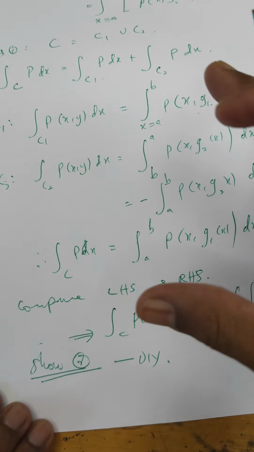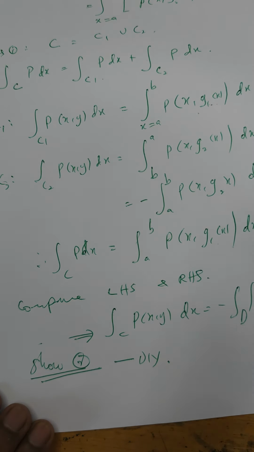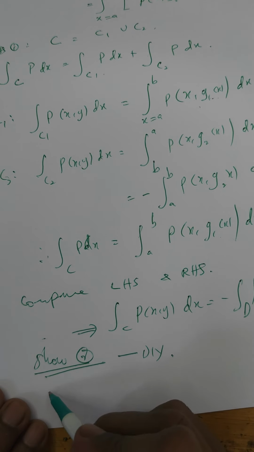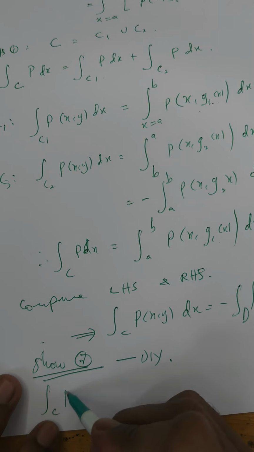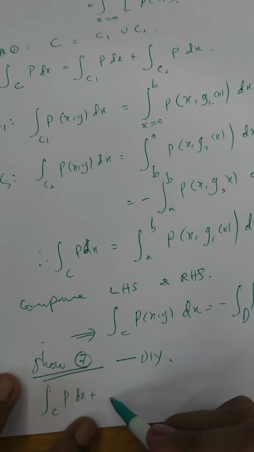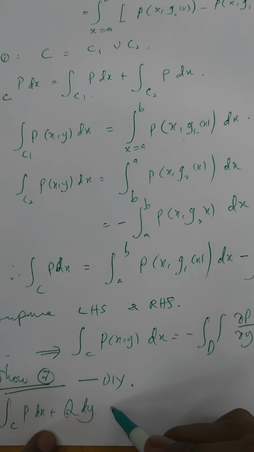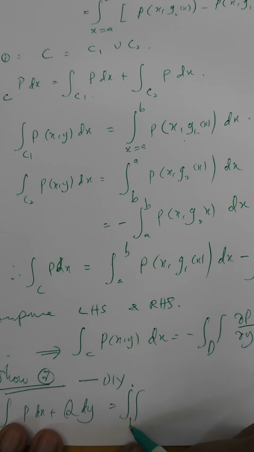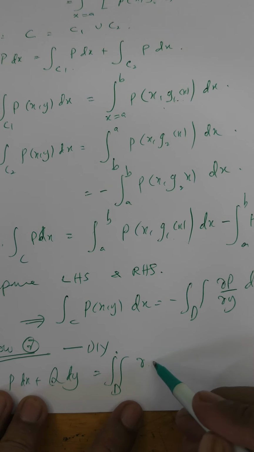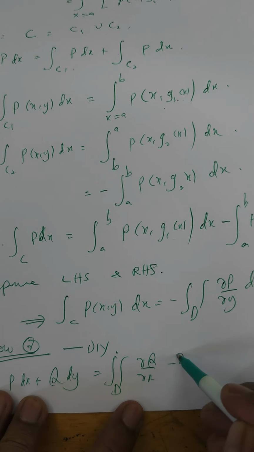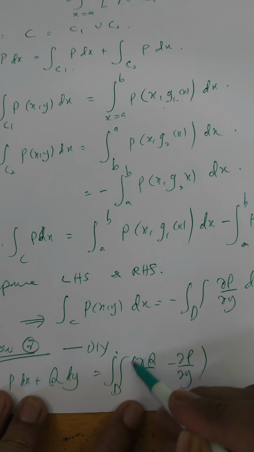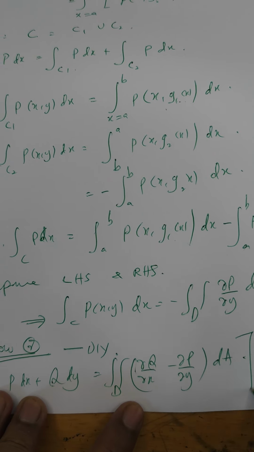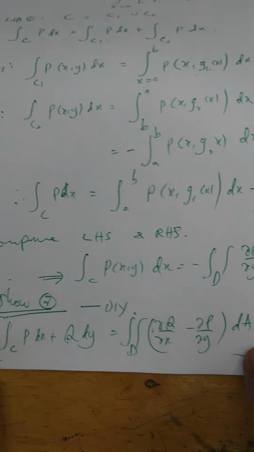Now adding up the first and the second, you get the solution of the Green's theorem: P dx plus Q dy gives you the integral of ∂Q/∂x minus ∂P/∂y dA. So this is Green's theorem.